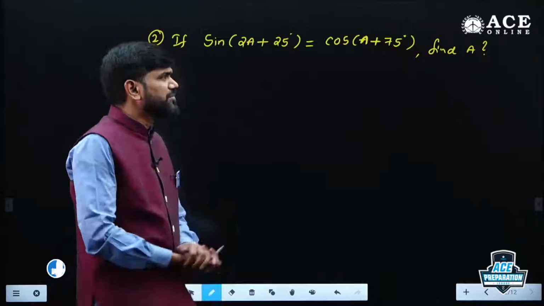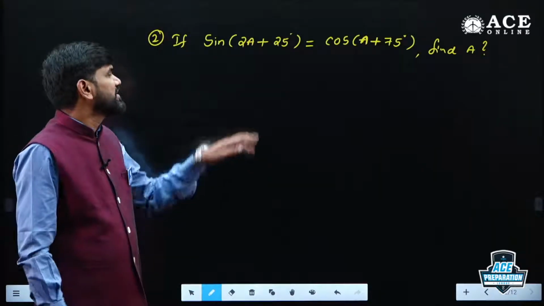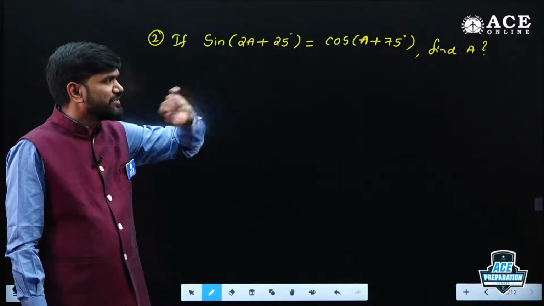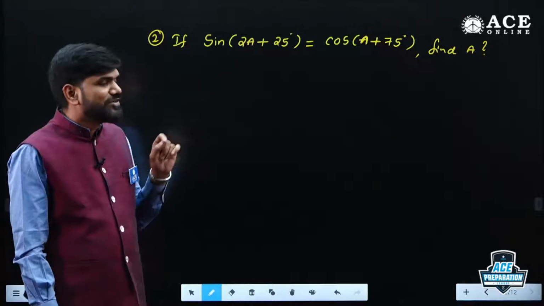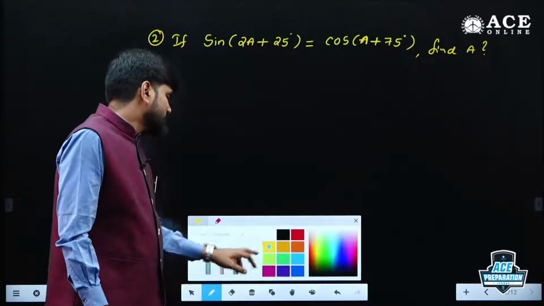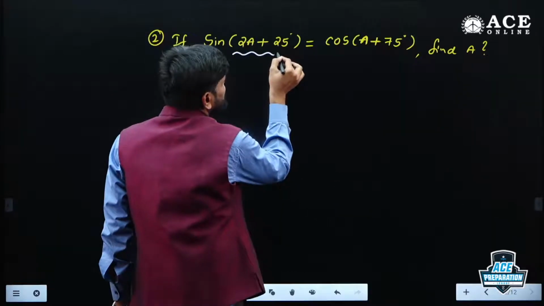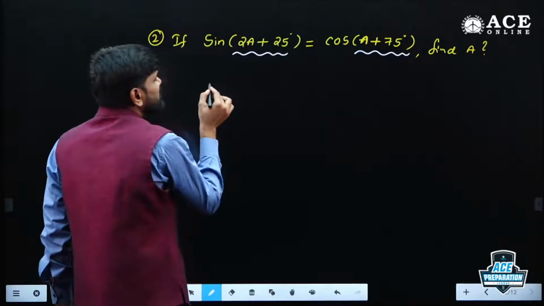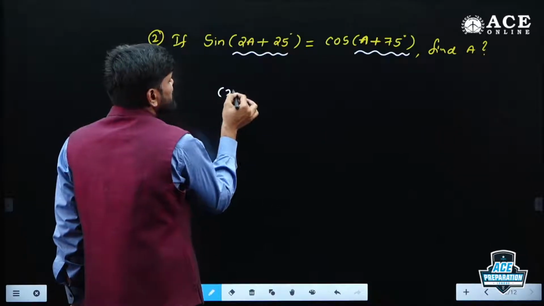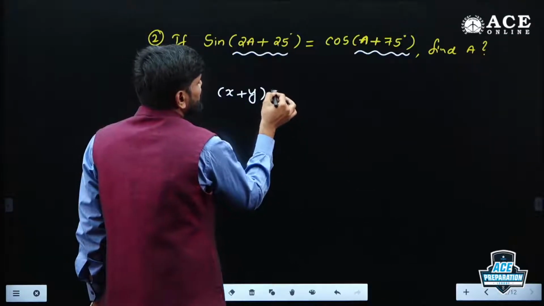Now here, the moment you read the relation, we should be in a position to identify that sin x is equal to cos y. Sin x will be equal to cos y only if x plus y together is 90 degrees. So you imagine this as x, you imagine this as y. So x and y together must be 90 degrees for them to be equal.